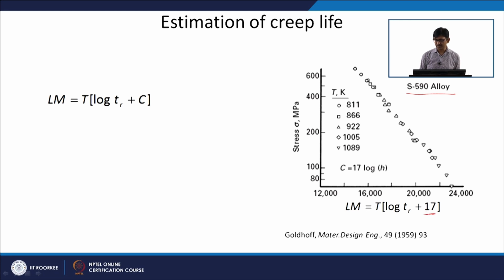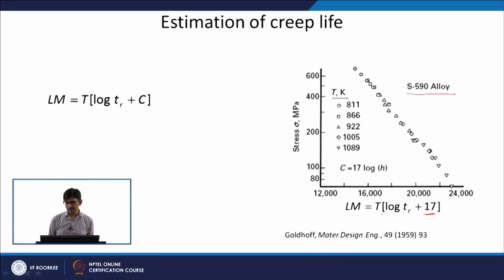For this material the constant is 17. So, now all the different stress data is plotted on one single curve here, at different temperatures. On the x axis you have this Larsen-Miller parameter, which is dependent on temperature, the creep life TR, time to rupture, and some constant.